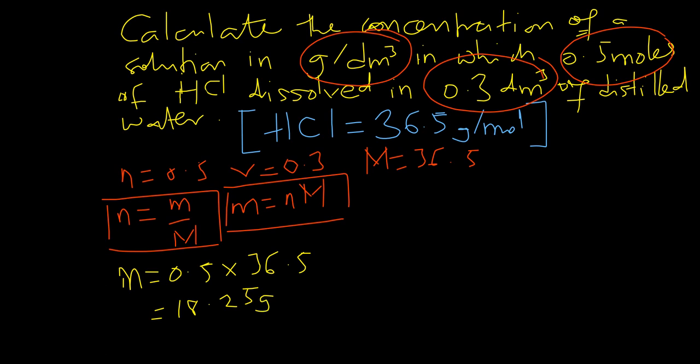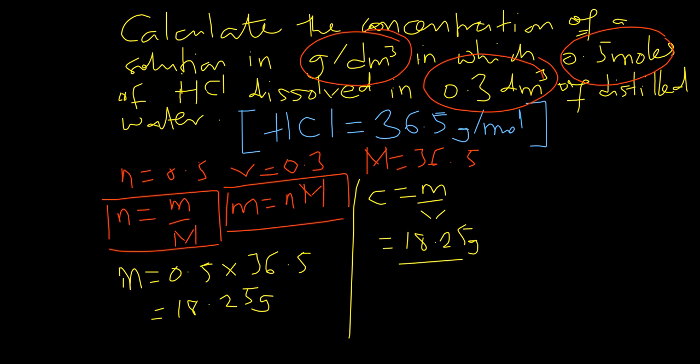So now we have our mass, and with it we can calculate the mass concentration. Mass concentration equals mass over volume. Our mass is 18.25 grams divided by the volume given in the question, 0.3 dm cube. Because it's in dm cube, we don't need to worry; we just use it the way it is.